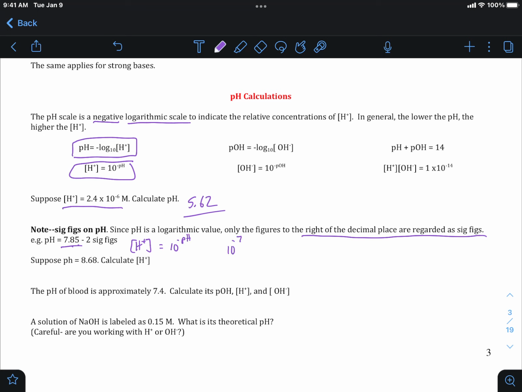So 10 raised to the negative 7.85 would yield 1.412537545 times 10 to the minus 8th molar, but because the pH value only had 2 decimal places, your expression of concentration would be 1.4 times 10 to the minus 8th molar. Guys, does that make sense? On a pH scale, the number to the left of the decimal is not a number. It's a category. It's a power.